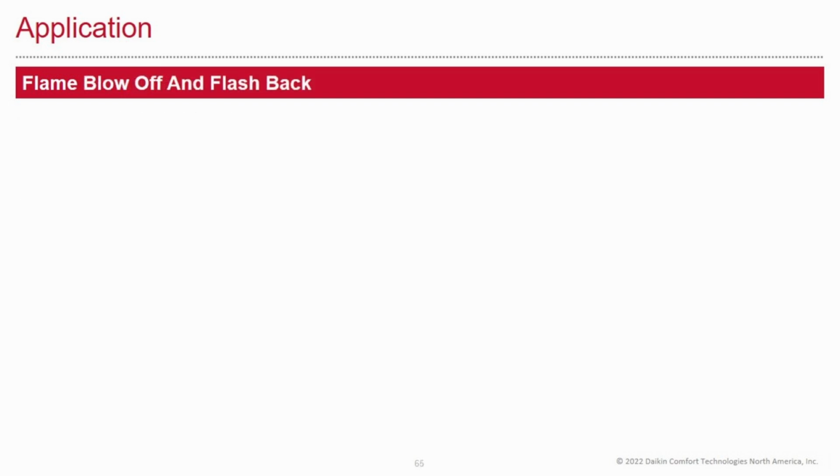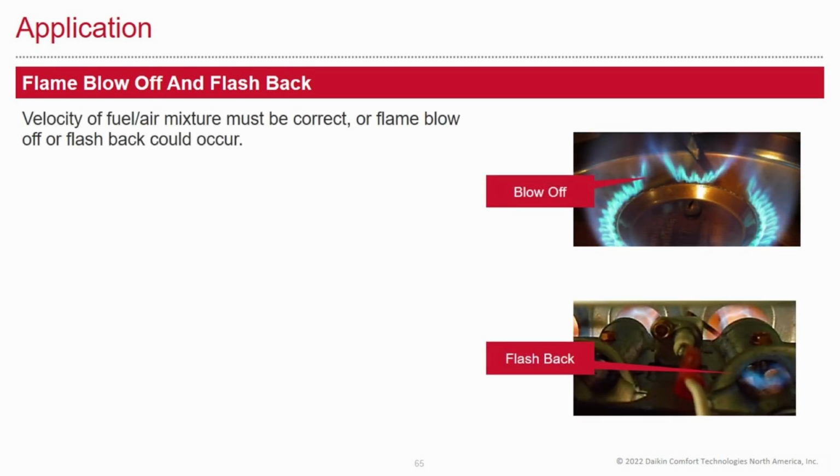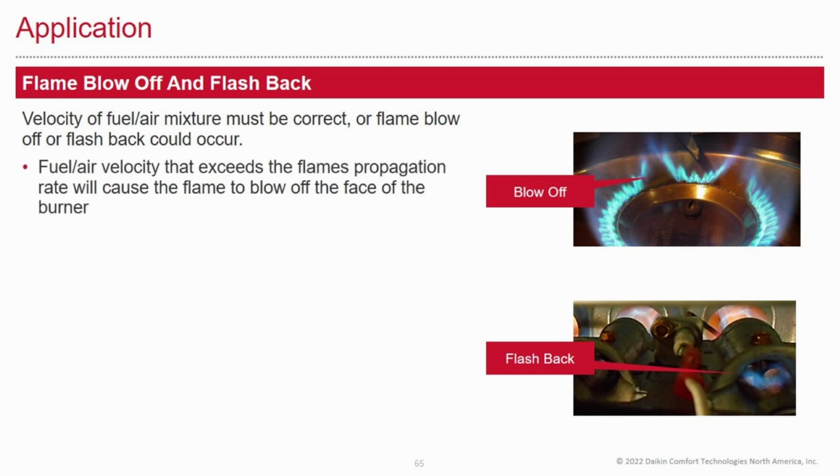Flame blow-off and flashback. Velocity of the fuel-air mixture must be correct, or flame blow-off or flame flashback could occur. Fuel-air velocity that exceeds the flame's propagation rate will cause the flame to blow off the face of the burner.